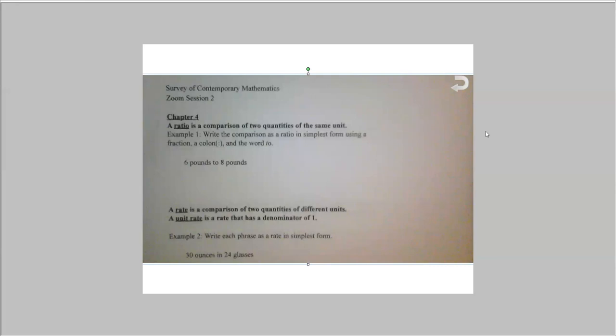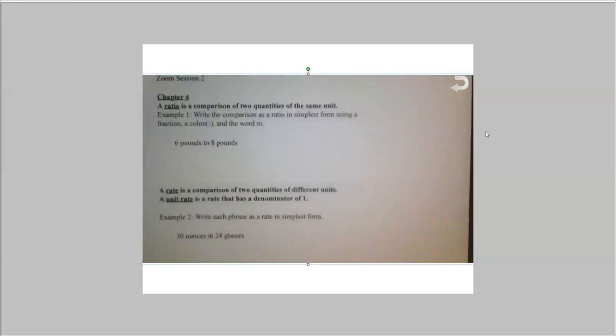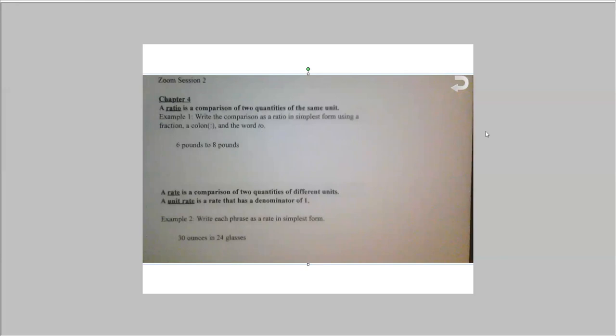So starting off, our first definition is a ratio. This is a comparison of two quantities that have the same unit. In this first example, we want to write the comparison as a ratio in simplest form using a fraction, a colon, and the word to. So whenever we write a ratio, it's going to be in fraction form, okay?